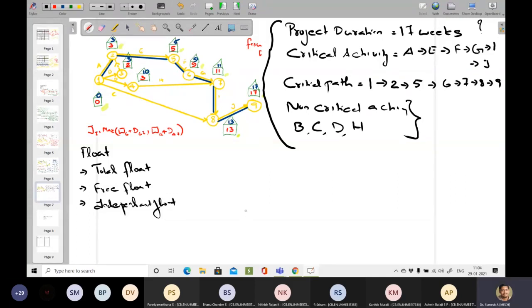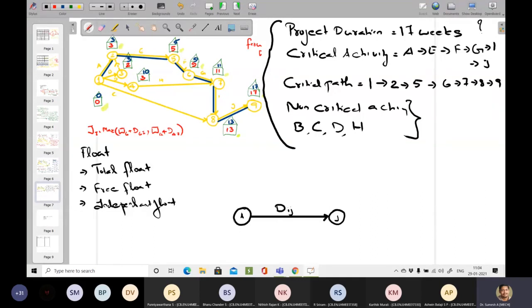Basically I had two nodes, node I, and another node, node J. Between node I to J, I am defining the activity that is already known to you. So I to J, we are defining the activity based on the duration D I to J. This is what we have already seen.